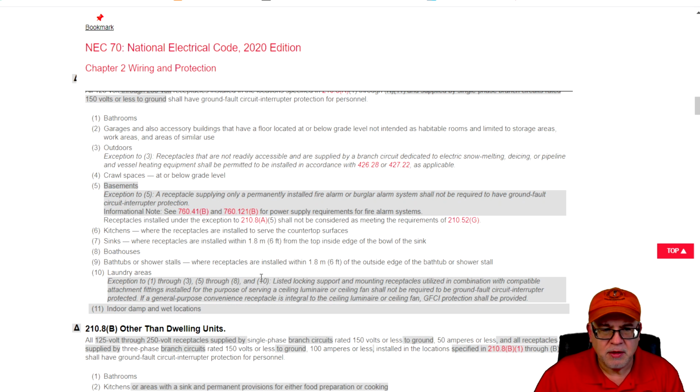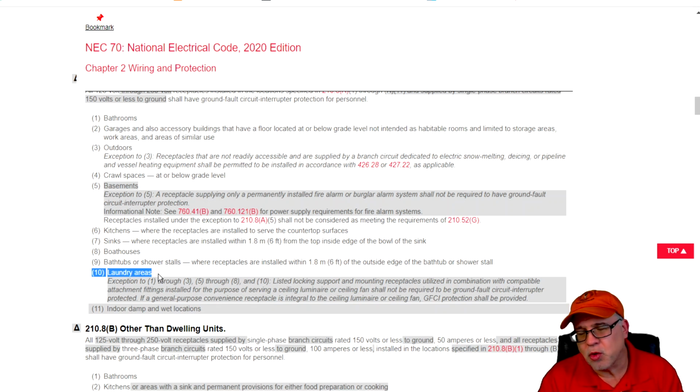Before we even get to the exception, I kind of overlooked item number 10 here, and that is laundry area. Laundry areas are going to have GFCI protection, not just on the laundry circuit, but for those receptacles in the area. A couple of cycles ago it used to be triggered on whether or not we had a sink in the laundry area.